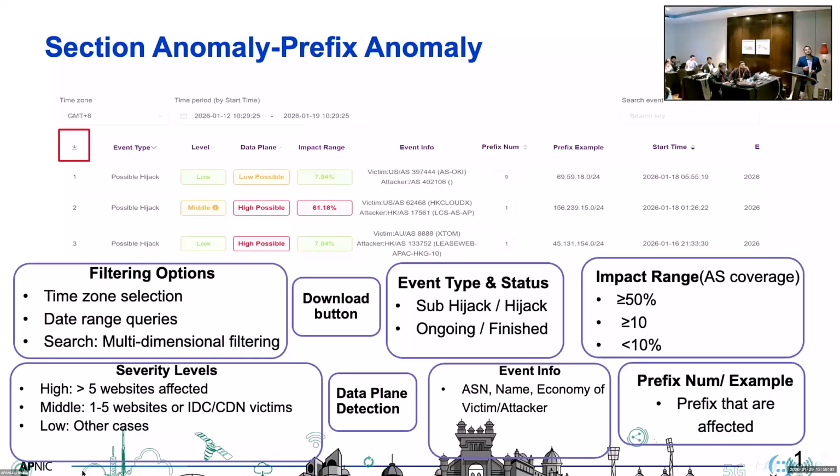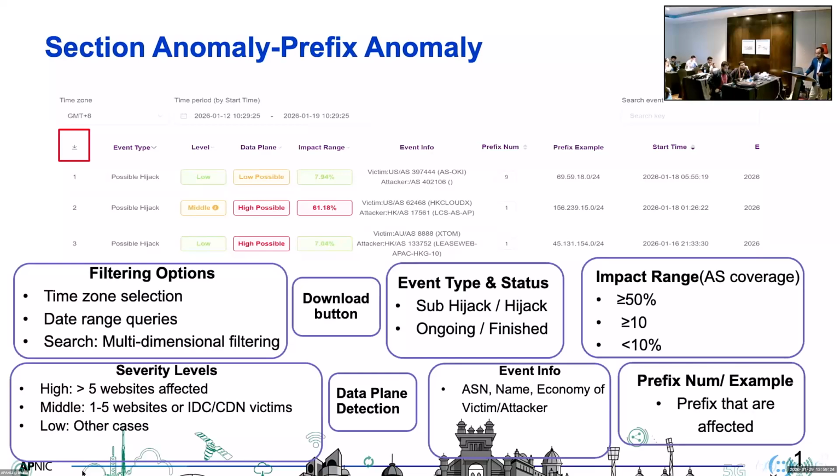In a certain time and date range, you can download all the incidents in CSV format. And there is a filtering option: time zone selection, date range queries, and multi-dimensional filtering search.